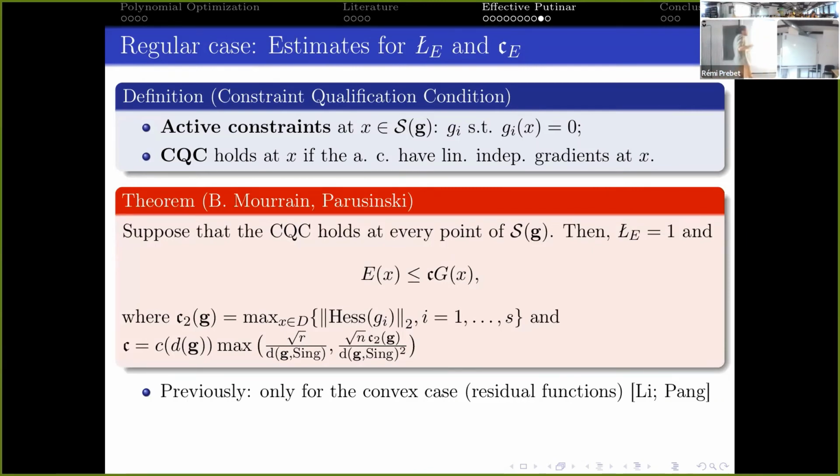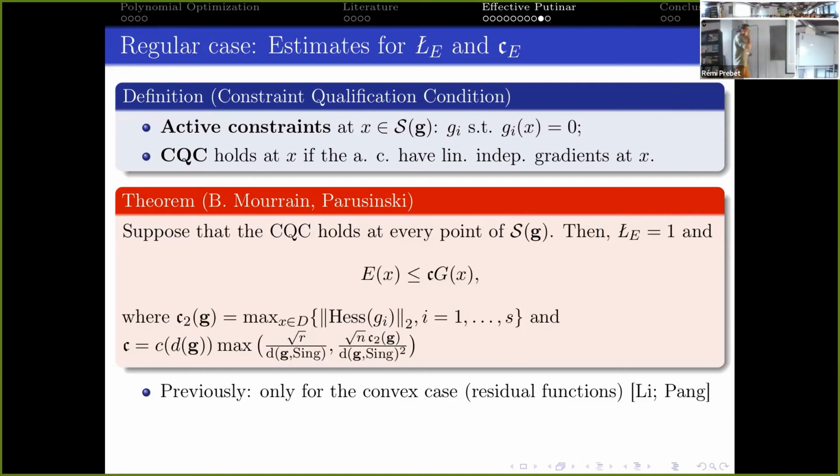So, as we expected, and we have estimates for the Lojasiewicz constant, and these estimates depend essentially on the condition number of the system of inequalities. The closer these inequalities are to having a singular point, the bigger this constant will be. I will not enter the details, but this is the idea. And there is a local and global analysis to do.